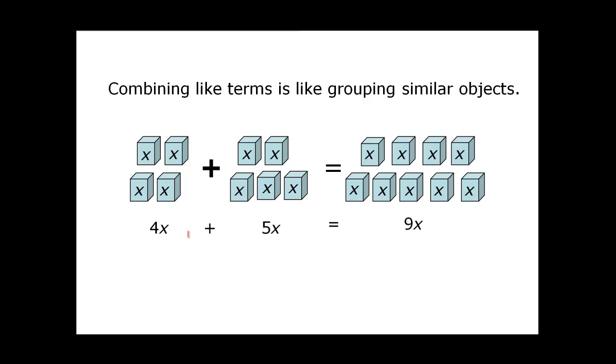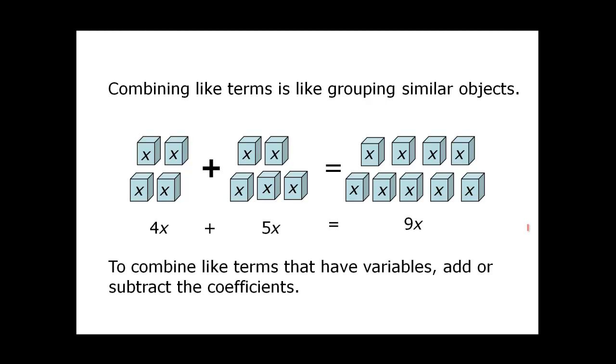So I have 4x and 5x, so the result will be 9x. So if I have the same variable, I'm adding them together, so I will add or subtract the coefficients. To combine like terms that have variables, add or subtract the coefficients.